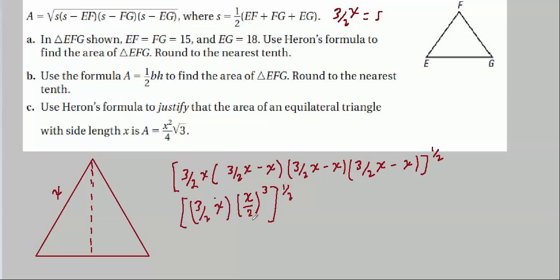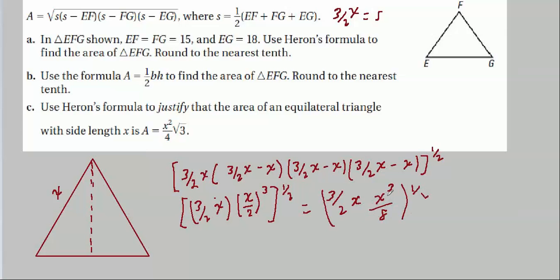Yeah, that's 3/2 x times x cubed over 2 cubed, which is 8. And we're going to need to take the square root of that. Well, this is x to the 4th. And this is going to be 2 times 8, which is 16.